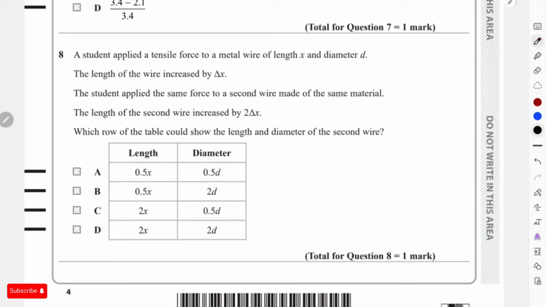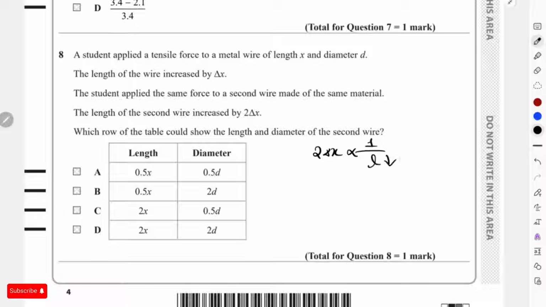Now in this situation, not exactly diameter, extension was actually inversely related to length, right? So if extension is inversely related to length, that means if you increase the extension twice, your length must decrease by 2, right?